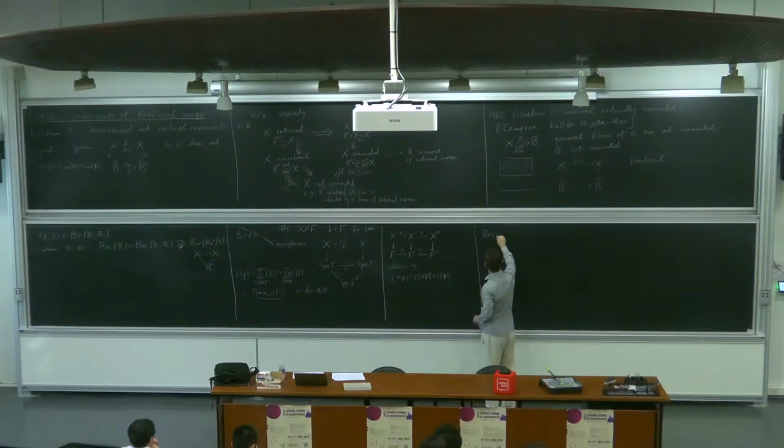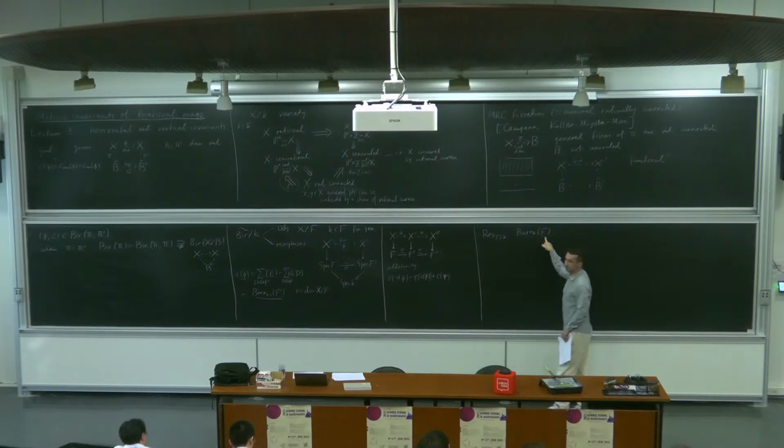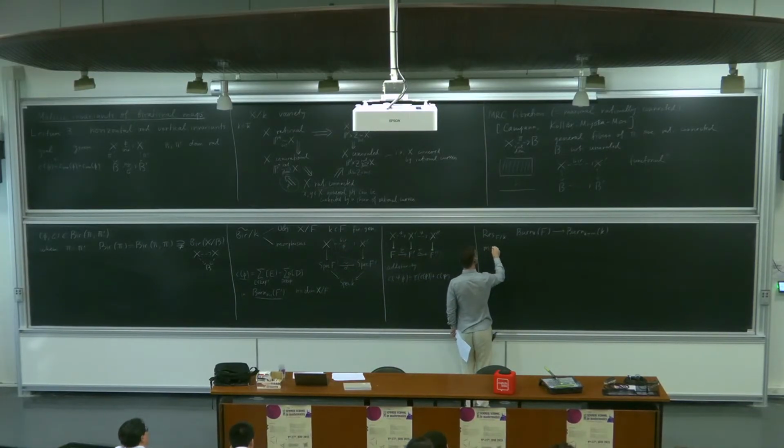There's a coefficient restriction homomorphism. You can look at birational types over the big field versus birational types over the small field. I said K is finitely generated, so it has a finite transcendence degree.